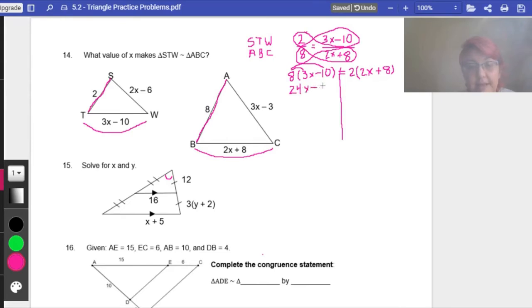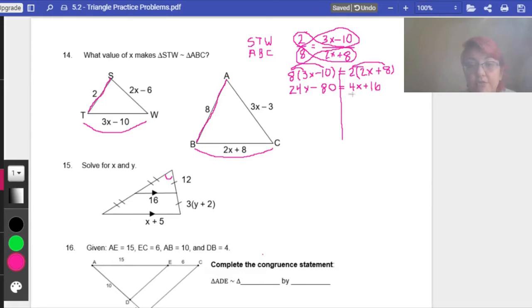Minus 8 times 10 is 80. All right, equals, distribute the 2 to the 2x and to the 8. 2 times 2x is 4x. Plus 2 times 8 is 16.